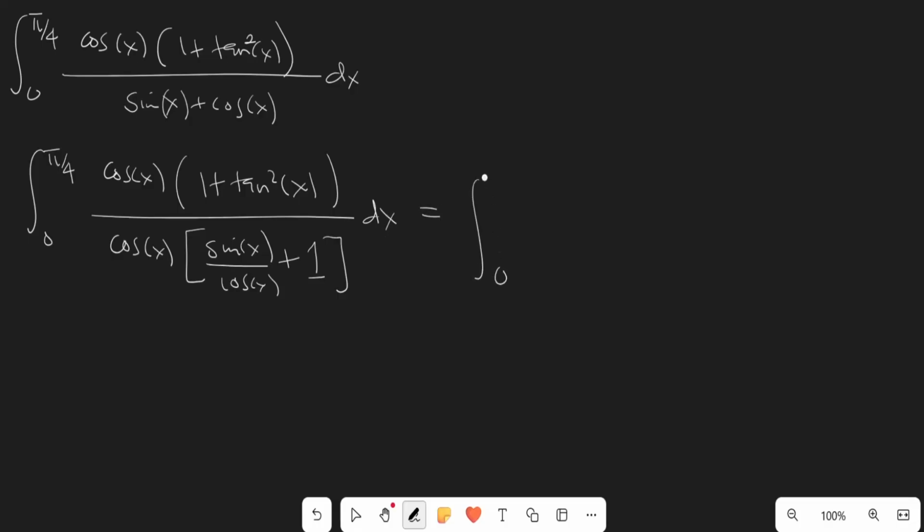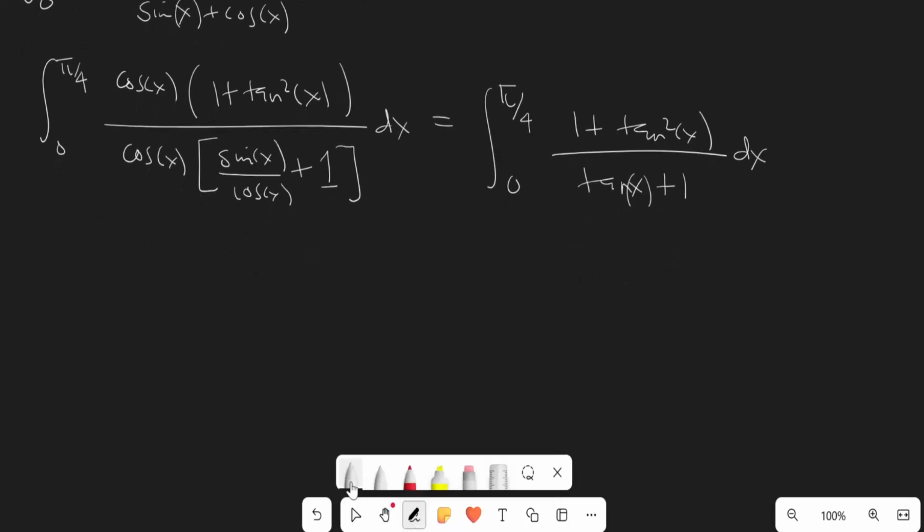And this simplifies: the cosine of x will cancel in the numerator and the denominator. We are left with 1 plus tan square of x in the numerator divided by sine of x over cosine of x, which is tan of x, plus 1 dx.